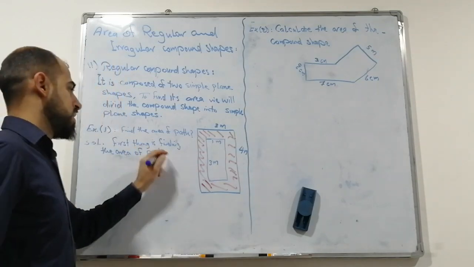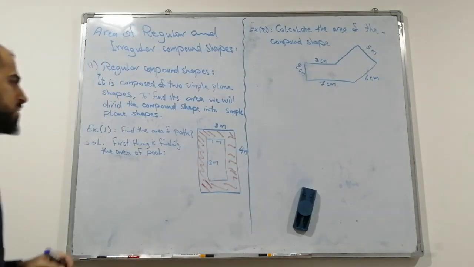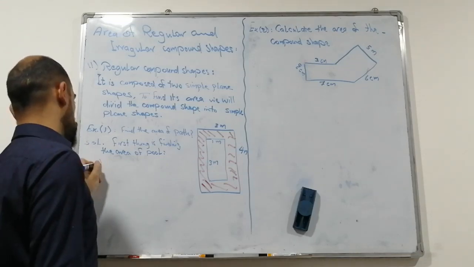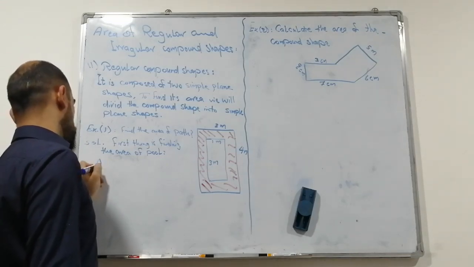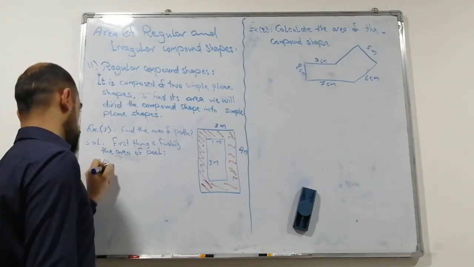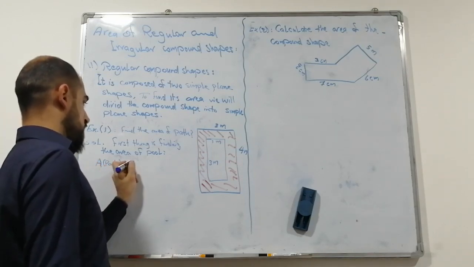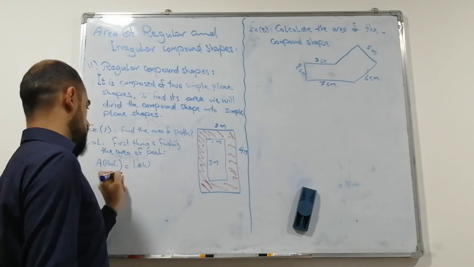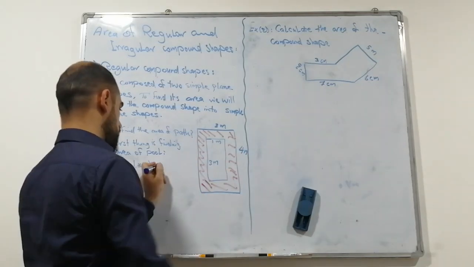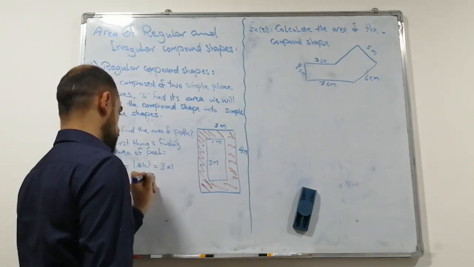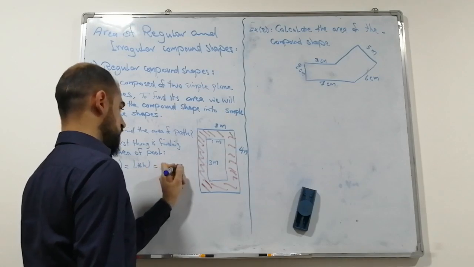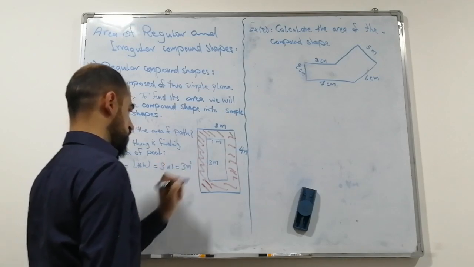Since the pool is a rectangle, use the law of the area of a rectangle. Area of pool will be length by width. Length is 3 by width 1, so it is equal to 3 by 1, which is 3 meter to the power 2.